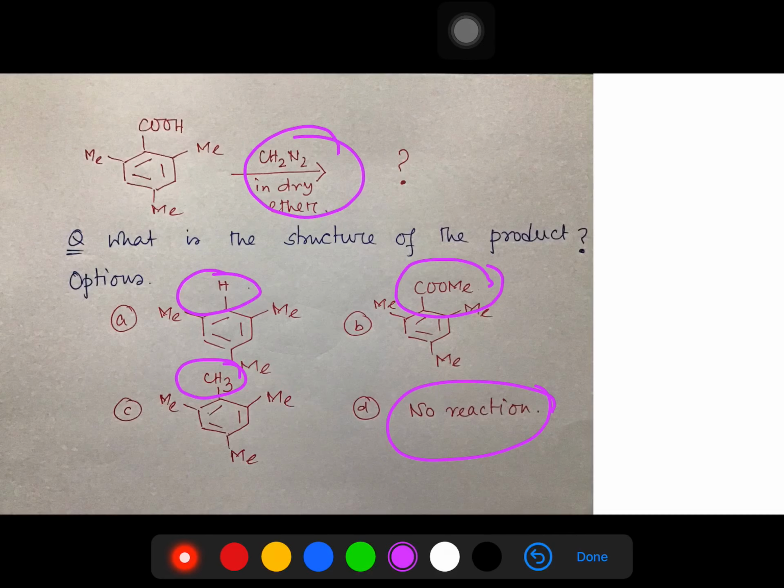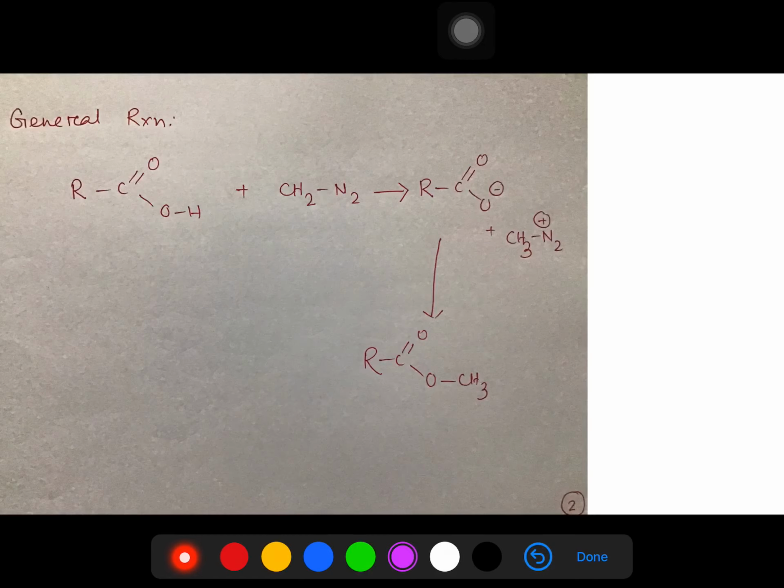Clue number 2. Now let's discuss this in detail. Before going to details, I believe you should know about the general reaction of acid versus diazomethane. We know the general property of carboxylic acid: it releases a proton, so it produces RCOO minus plus H plus.